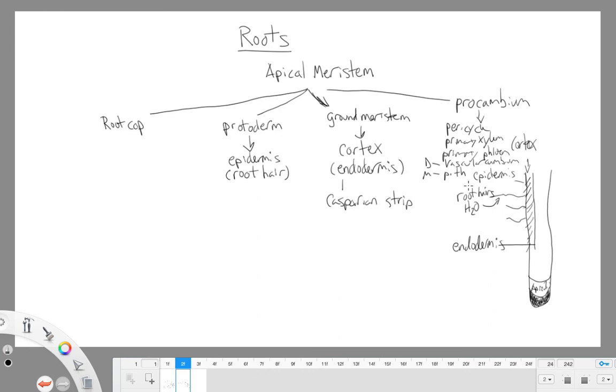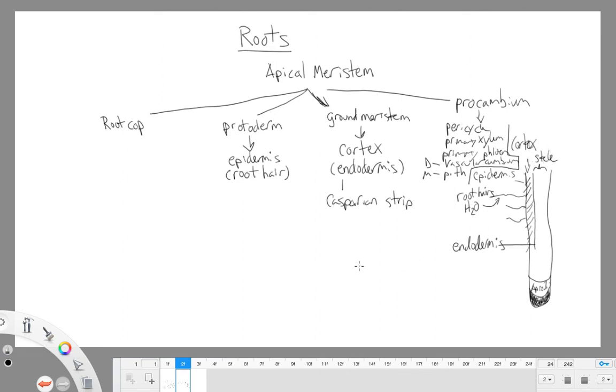Unfortunately, I have it drawn very closely to our diagram over here. Sorry about that. So we said here's the outer part of our root, and this interior part is what we call the stele.